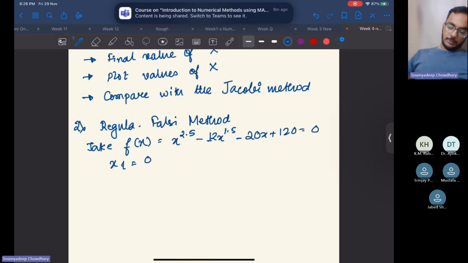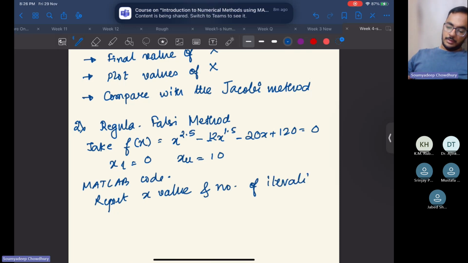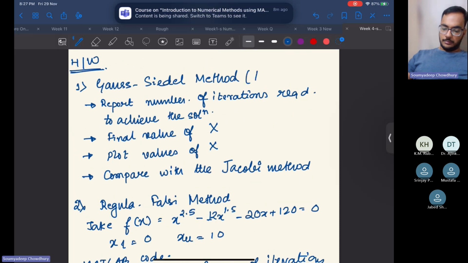XL is given to you as 0 and XU is given as 10. You have to write the MATLAB code to find the exact solution and report the X value and the number of iterations. This is also in MATLAB.